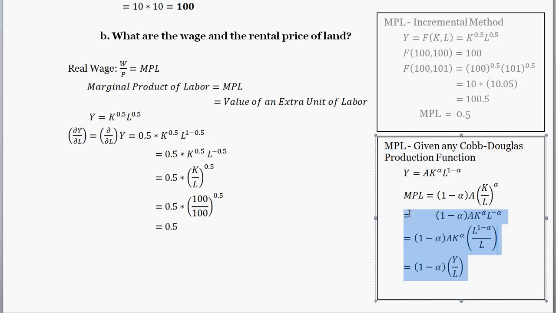So all of these different things here are equivalent to the marginal product of labor given a Cobb-Douglas production function. And for different questions, it might be more useful to use one form or the other. For example, this one right here, 1 minus alpha times y over L. This guy right here is just like labor productivity. It's the output, y, divided by L, the number of workers.